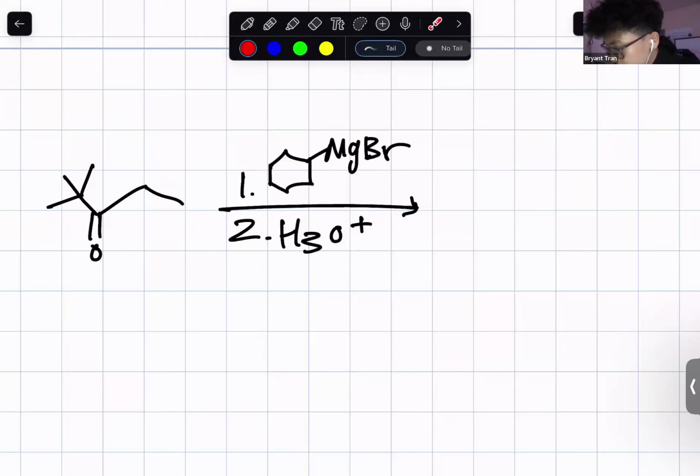Try this one out, Suparna, and then I'll go back and check, and then we'll move on to reduction, hydride reagents, for the next part of the review.